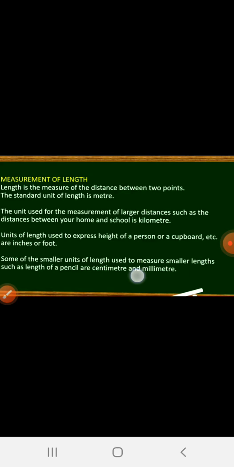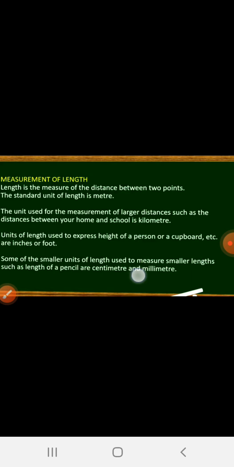Okay, if you measure the distance between 2 points, that will be measured in meters. If you want to measure a long distance between two places, two states, that will be measured in kilometers.